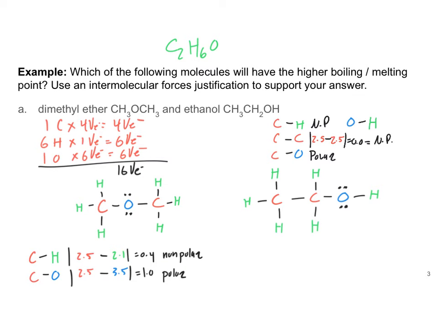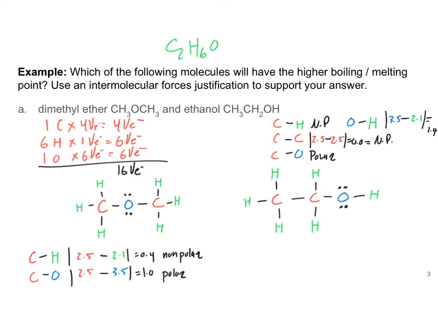And then oxygen and hydrogen, oxygen is 3.5, hydrogen is 2.1. So if I figure out the difference there, that's 1.4. Okay, so what this tells me is I do have some dipole.